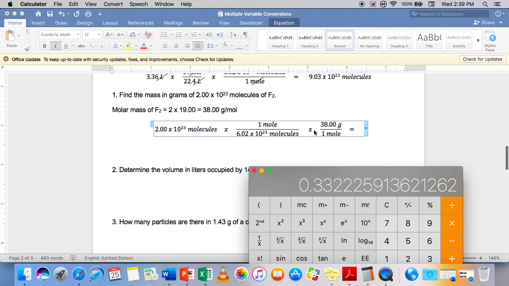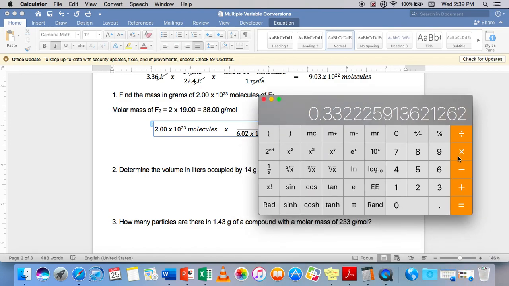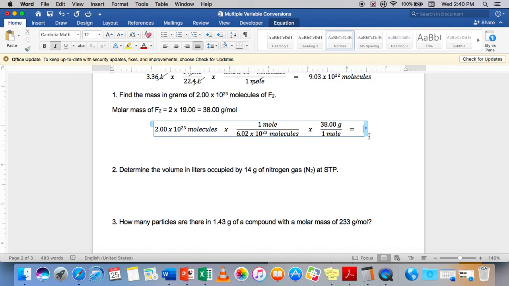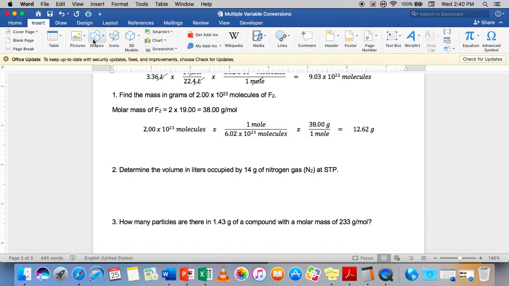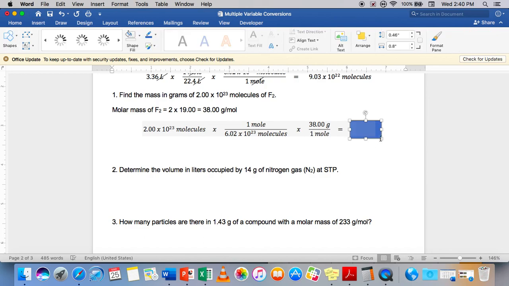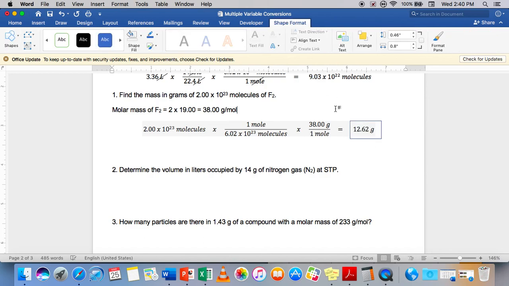I have to multiply by 38. So I'm going to take this number and multiply it by 38, and I get 12.62 grams. Okay, that is how many grams of fluorine there are in 2.00 times 10 to the 23rd molecules.